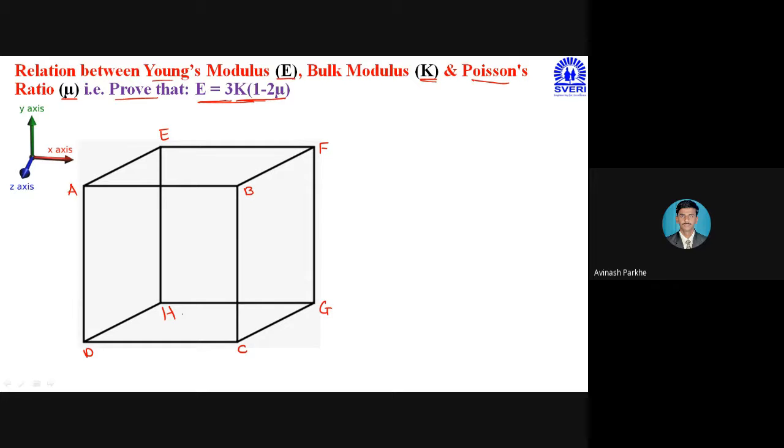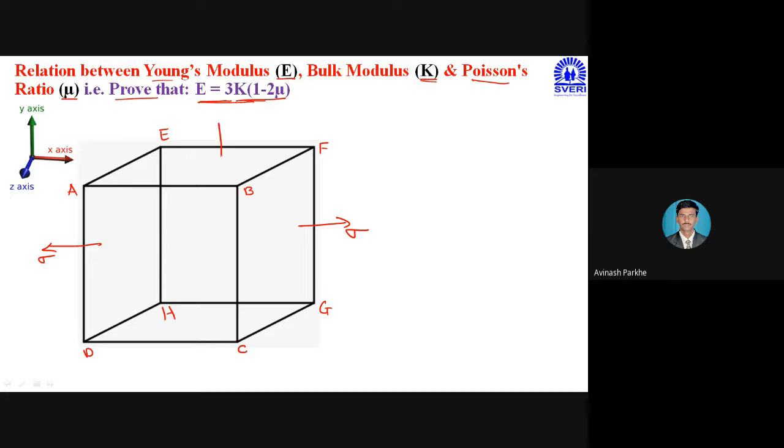Consider a cube ABCD, EFGH, which is subjected to stresses in all three perpendicular directions. So I can consider one stress in the x-axis, similarly on the other side, that is sigma. One stress is applied in the x-axis.